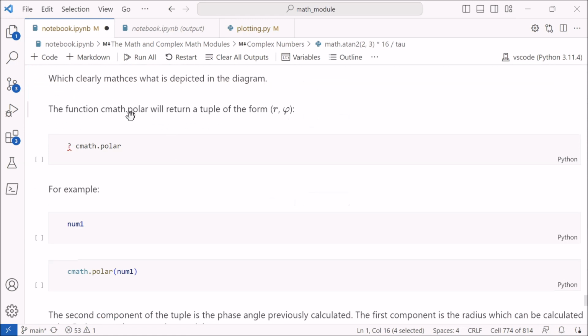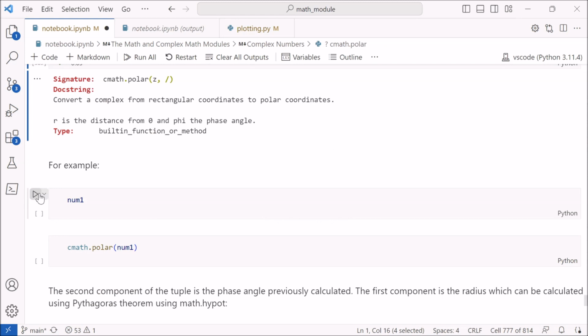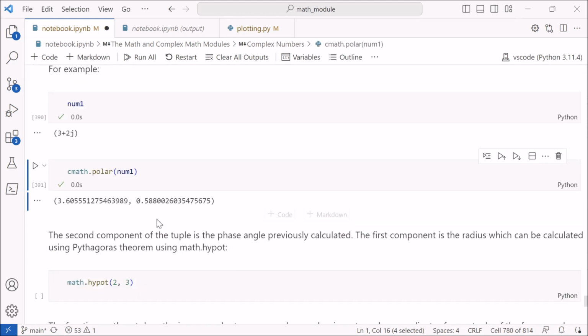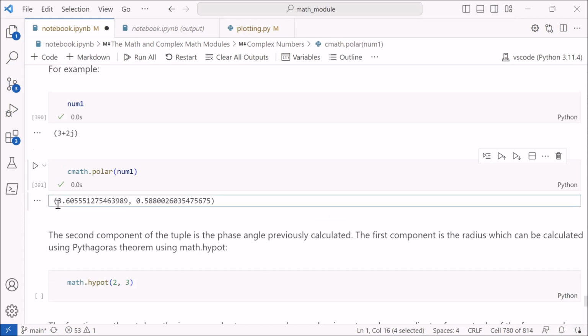The related function polar will return the radius and the angle in the form of a tuple. So if we have a look at the same number, we get the radius here, and we also get the angle here in radians.